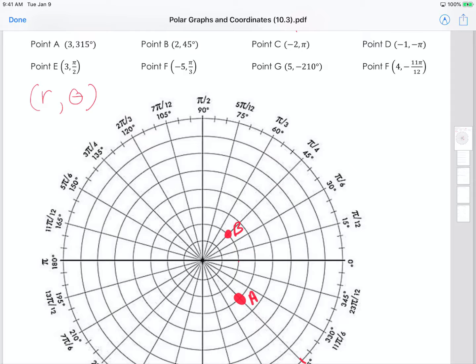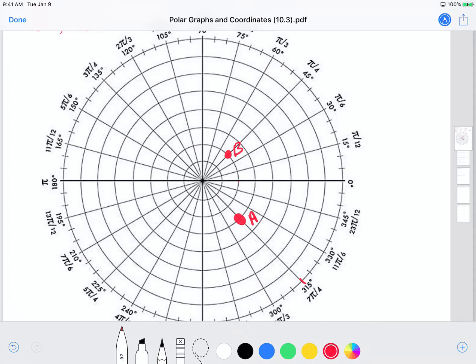But in polar coordinates, negative is just going to be the opposite direction in which you're swinging open. So if I swing open to pi radians, coming out 1, 2 this way would be the point 2, pi. But -2 means I'm coming out in this direction 2 units. So this is going to be my point C.